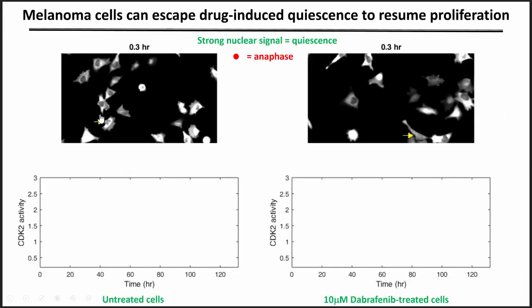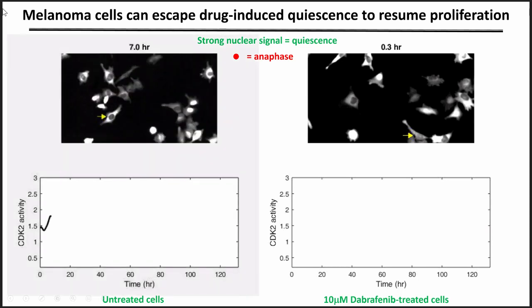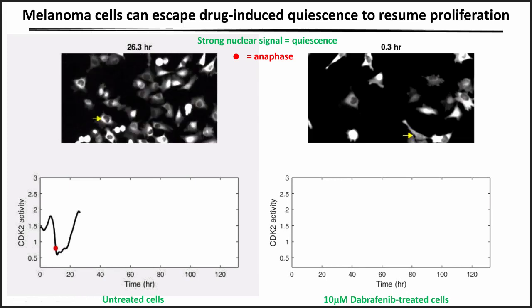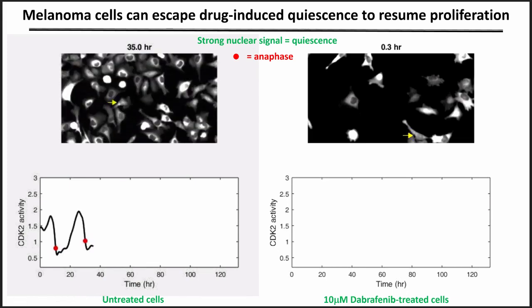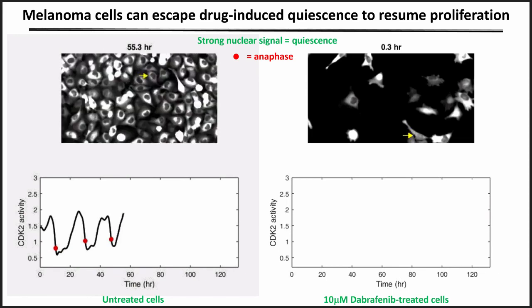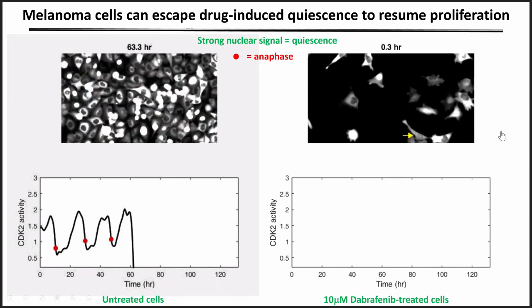Here on the left is a movie of untreated A375 cells expressing the CDK2 activity sensor, and we're going to follow the cell with the yellow arrow. You'll see that untreated cells cycle very rapidly. Each red dot is our automated detection of anaphase. And after about 60 hours, the cells are so overgrown that we just can't track them anymore.